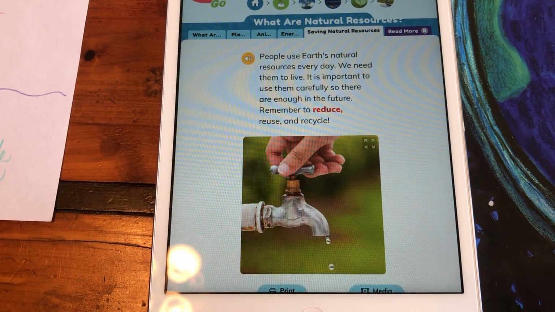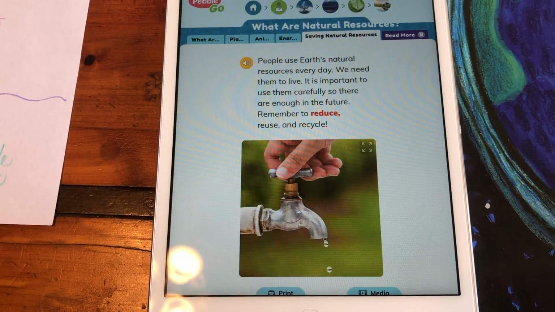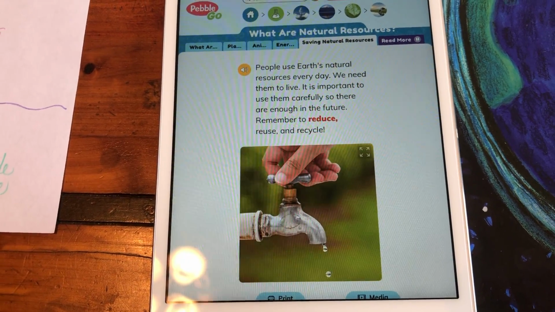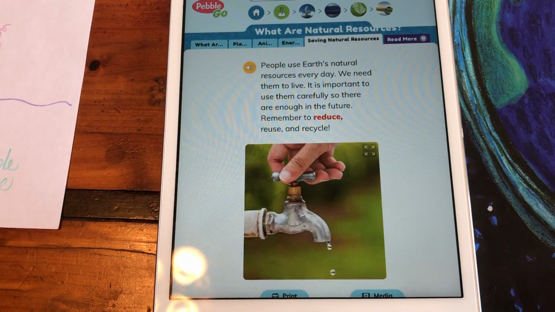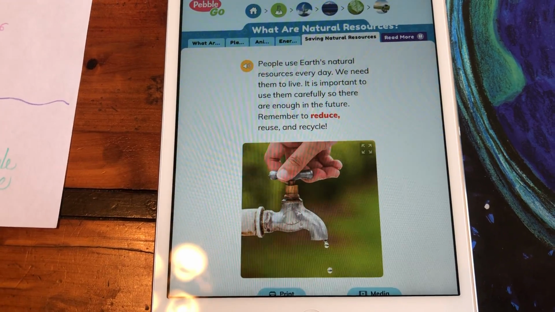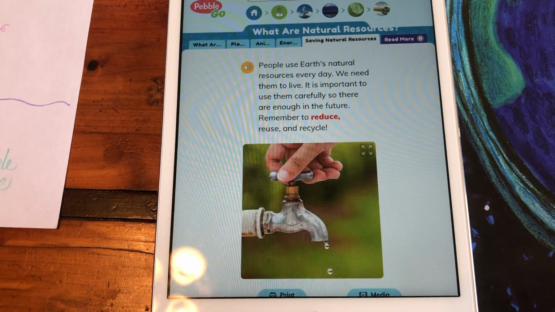It is important to use them carefully so there are enough in the future. Remember to reduce, reuse, and recycle. Those 3 words, reduce, reuse, and recycle, are ways that we can help protect our natural resources. And we're going to talk about that in just a moment.